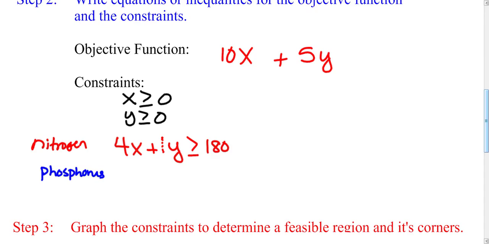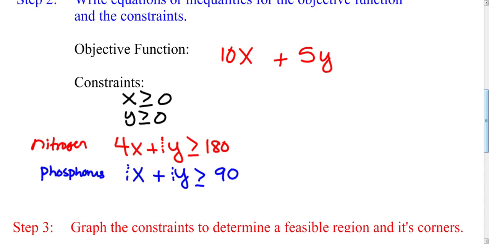For phosphorus, let's see, I get 1 unit from brand A, and I get 1 unit from brand B. So there's ones right here. When I put that together, I have to have at least 90 units.